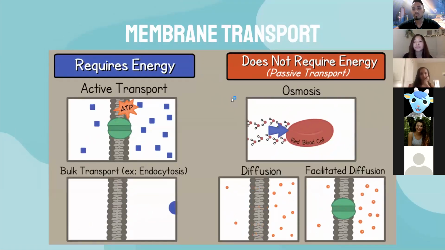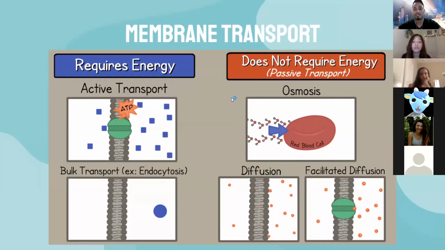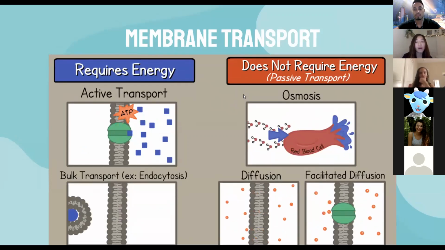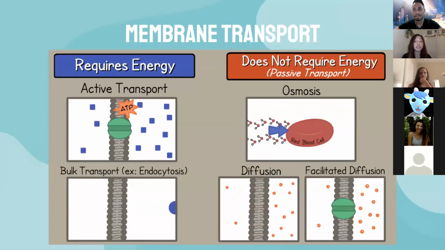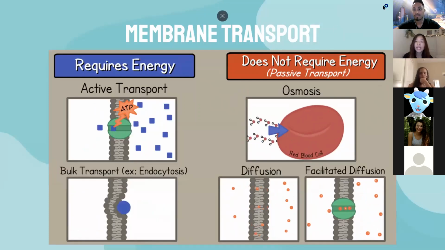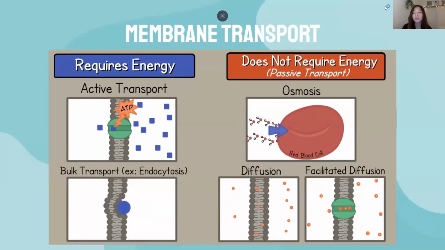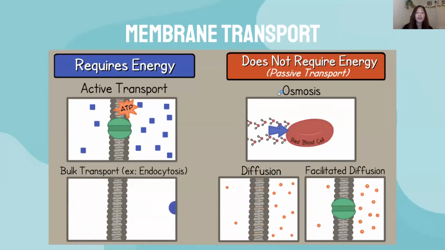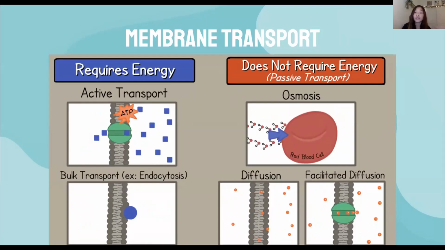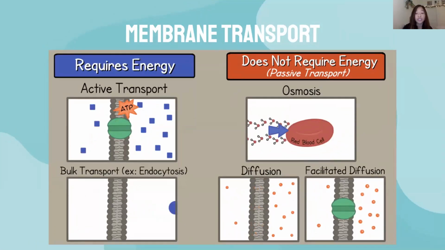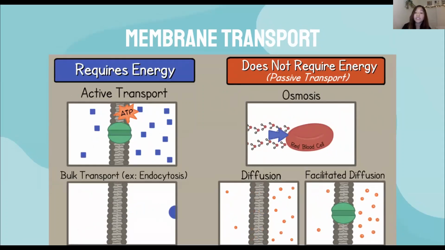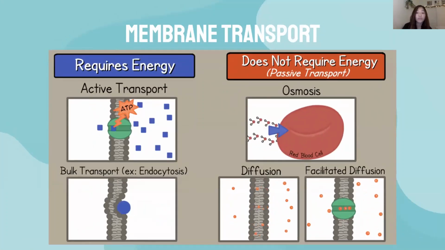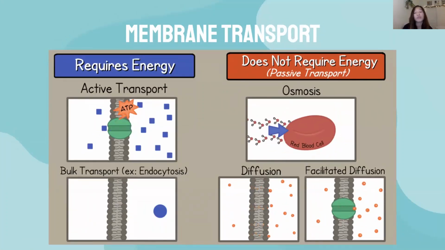For example, in simple diffusion, typically small uncharged lipophilic molecules can diffuse across the lipid bilayer. All other kinds of transport across the membrane involve membrane-bound proteins. For instance, facilitated diffusion requires a membrane protein. And osmosis is just a specific form of facilitated diffusion solely for water, and it works through aquaporins.